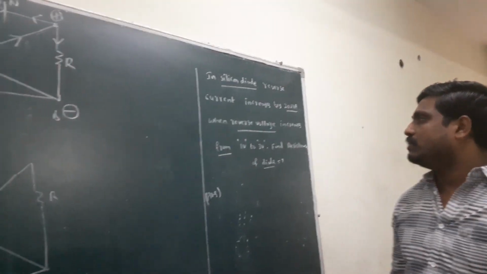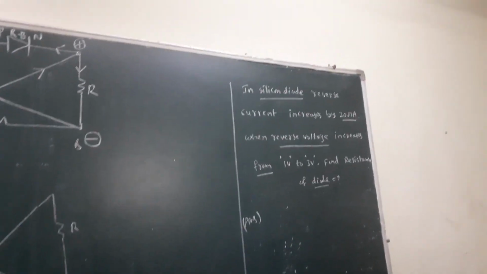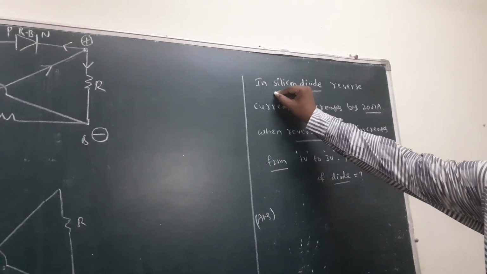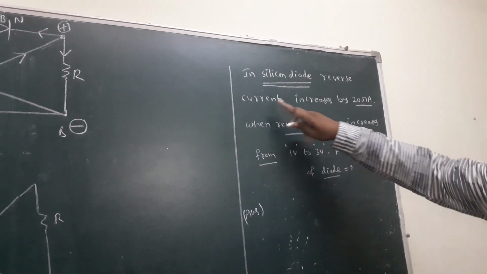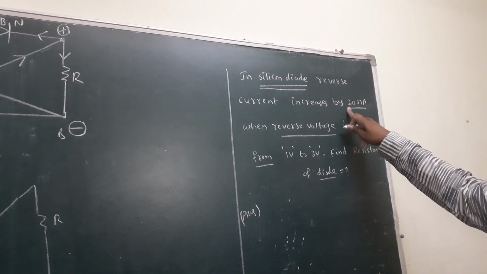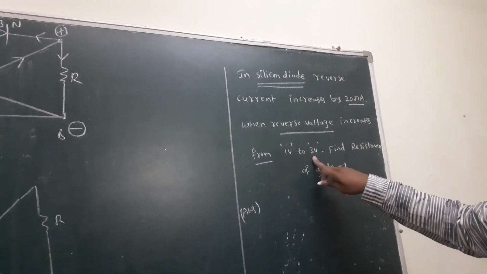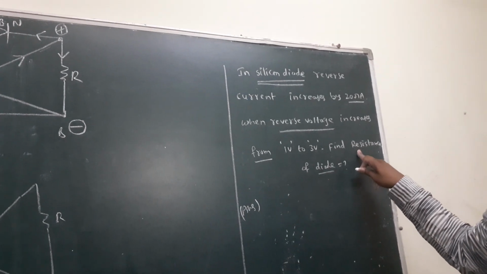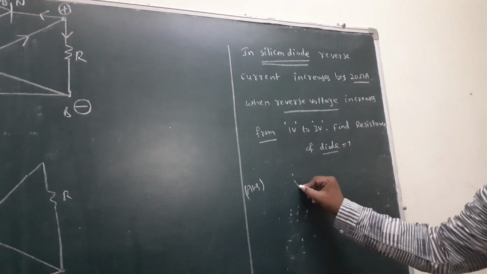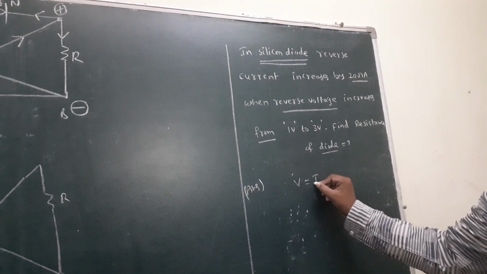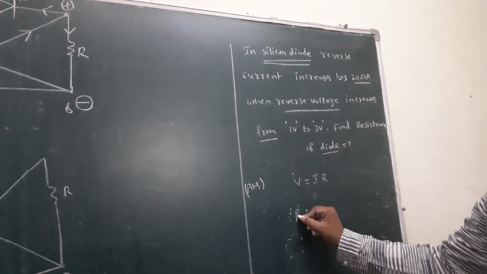Next problem. This is a JEE Main 2018 problem. Very easy. In a silicon diode, the reverse current increases by 20 microamperes when the reverse voltage increases from 1 volt to 3 volt. Find the resistance. According to Ohm's law, V equal to IR. What is the R value?